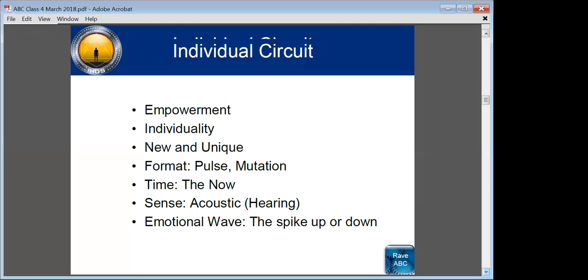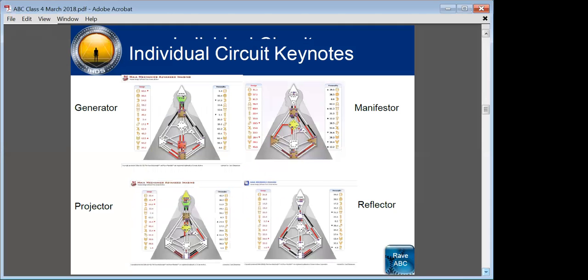So let's just see that within this circuitry, you can have all the different types possible that are able to also uniquely express something when it comes to this circuitry. The one in the upper left-hand corner that you see, that chart, that's a generator chart.